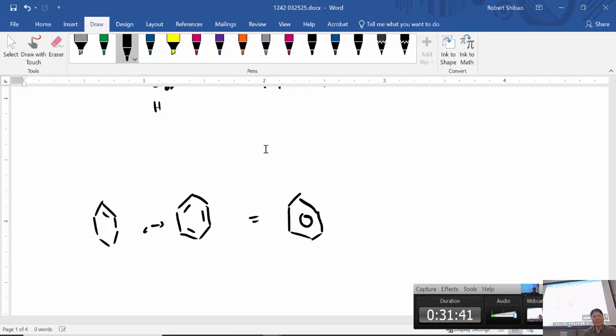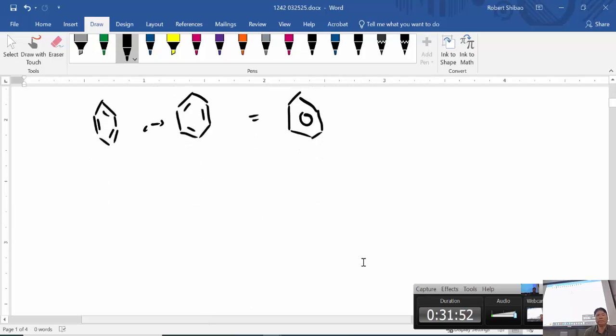In organic chemistry, sometimes they leave off the hydrogens and just show the carbon bonds. So when we look at this benzene ring here, really we're seeing a hexagonal ring of carbon atoms with alternating double bonds. And then we have these hydrogens. These are all sp2 hybridized carbons, and they're all going to be trigonal planar like this.